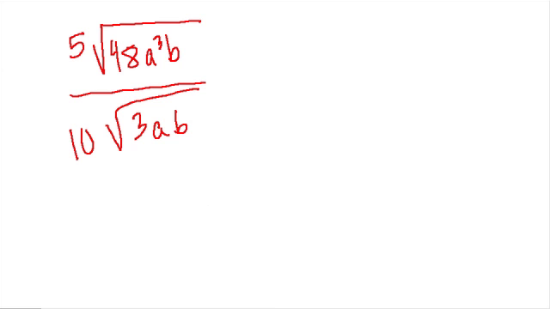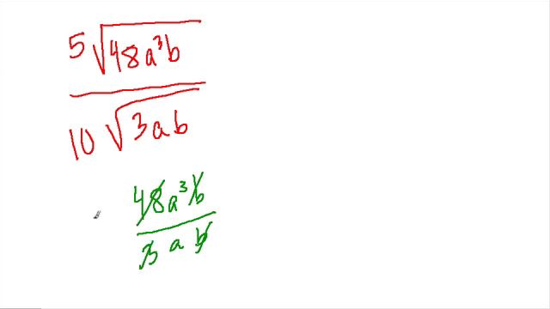So by standard reason, you might see this already. In the last problem, we took parts that were in the square root, and we said we can divide them. Let's do the same thing here. And we're going to think of this part of the problem as 48a to the third b over 3ab, right? And b divided by b is 1. 48 divided by 3 is 16.